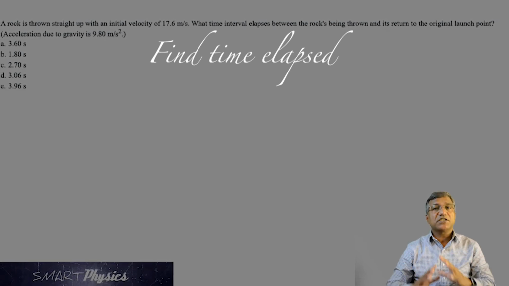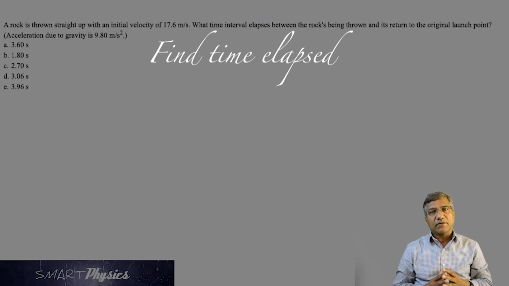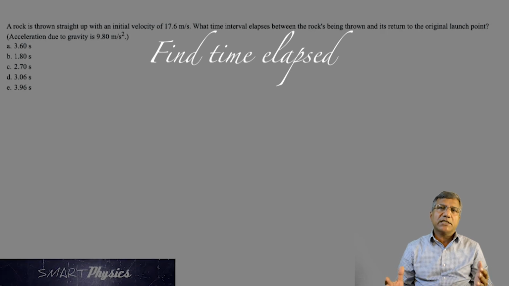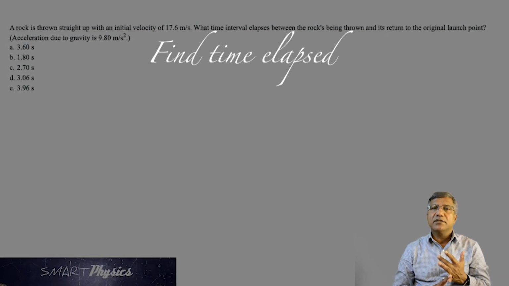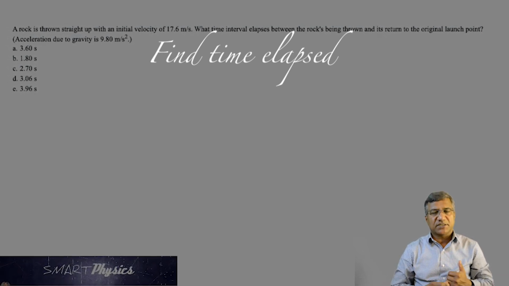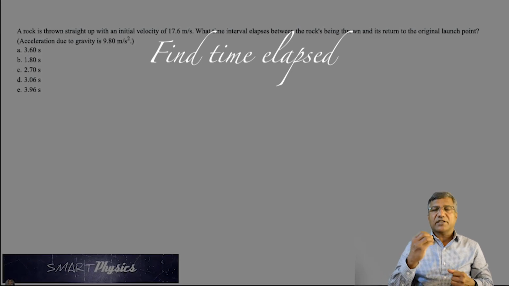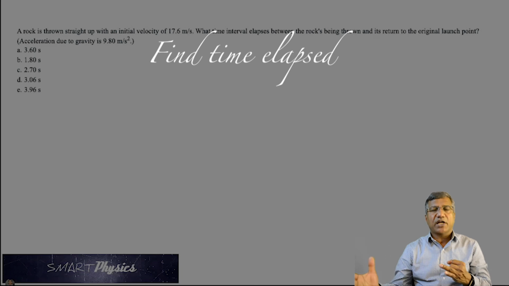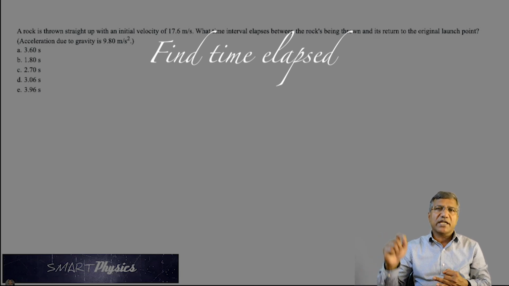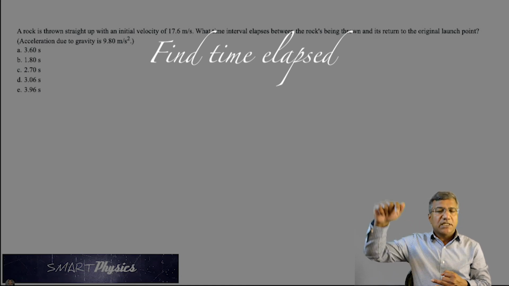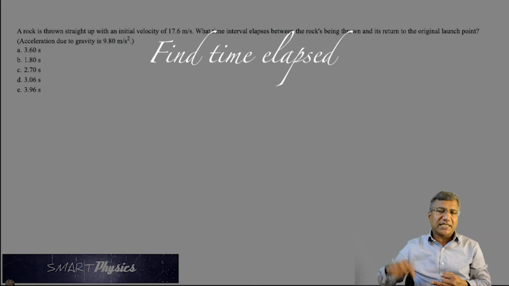Okay, this could be a tough question because if you look at it, you have the initial velocity, which is 17.6 meter per second, and you also have the acceleration, which is negative 9.80 meter per second squared.